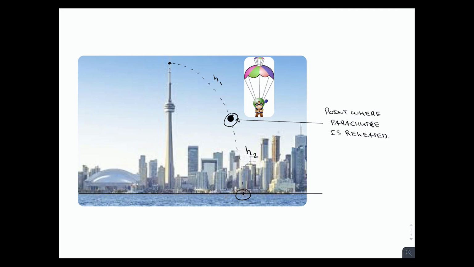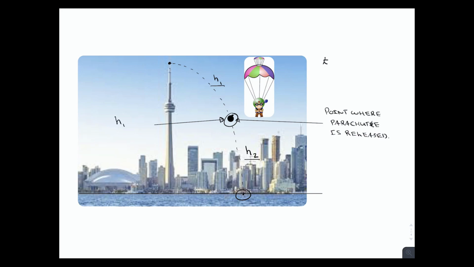So the question asks, at what time t does he pull the parachute? And the idea here is that at this point where the parachute is pulled, both h1 and h2 simultaneously model the height of the jumper.